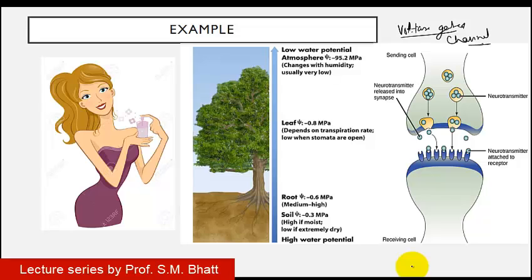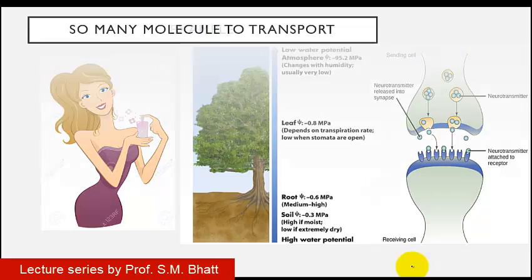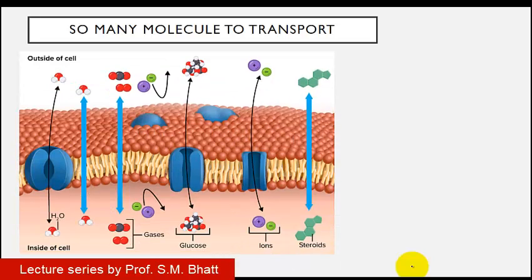The name is voltage gated because the voltage changes with the release of neurotransmitter from the sending end to the receiving end, right? And there are various other examples.